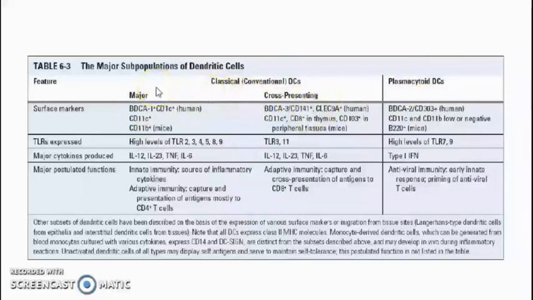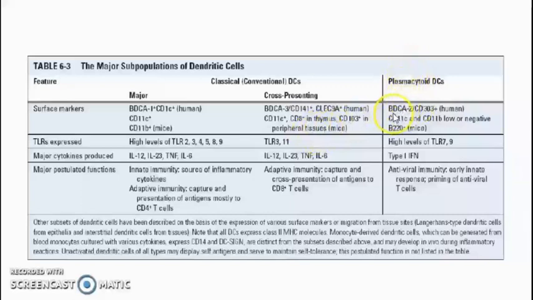The major classical dendritic cells have surface molecules PDCA1, CD1C for human, and CD11C and CD11B for mice. The cross-presenting cells have BDCA3, CD141, CLEC9A for human, and CD11C, CD8 in thymus, CD103 in peripheral tissue in mice.